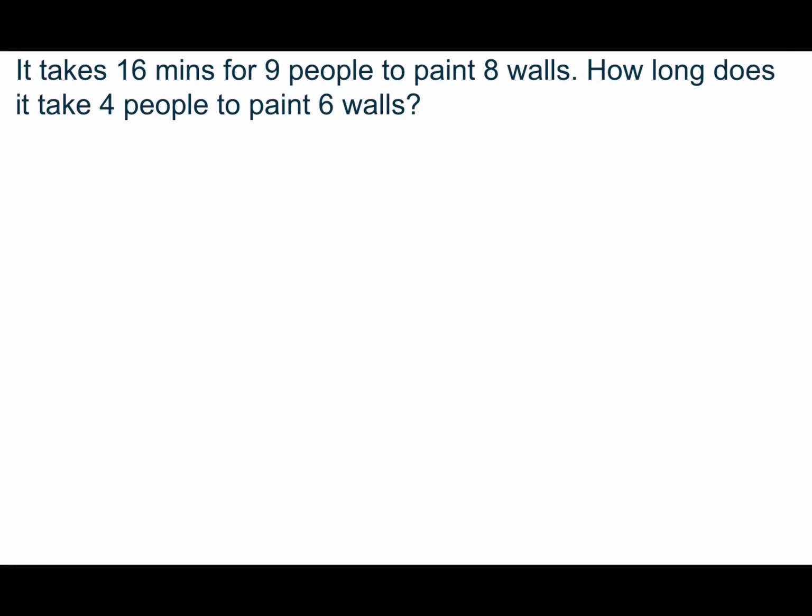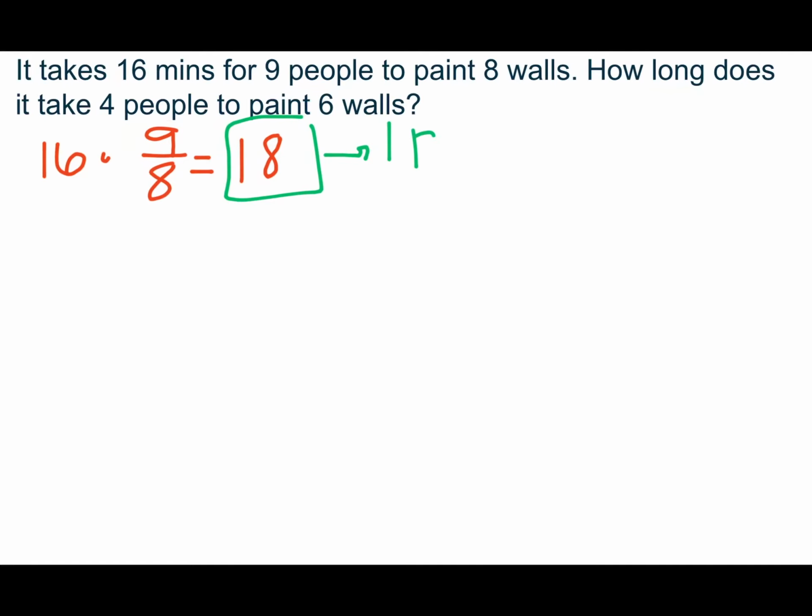So if you're going to do this mathematically, what you would first do is take 16 and multiply that by 9 over 8, and that will give you 18. And what the 18 represents is how long it takes one person to do one wall.